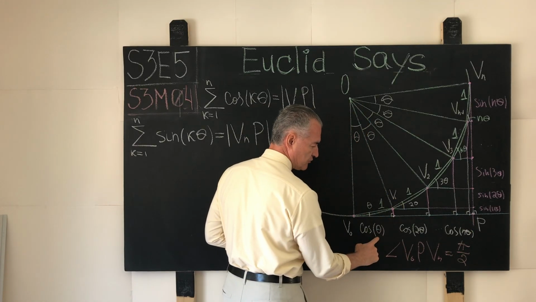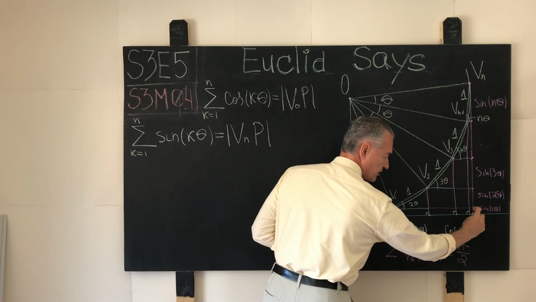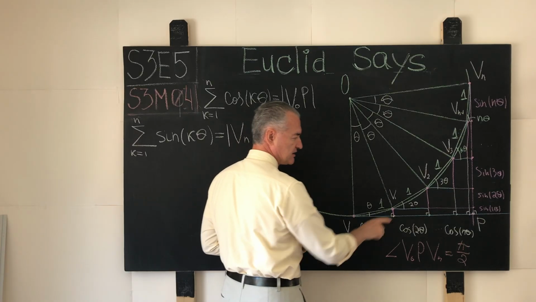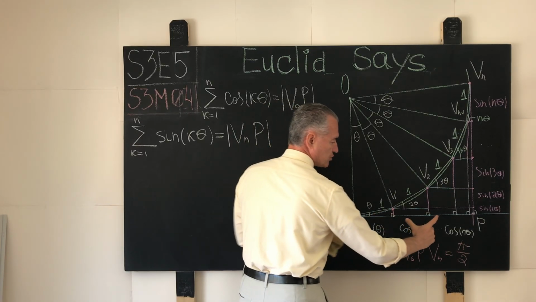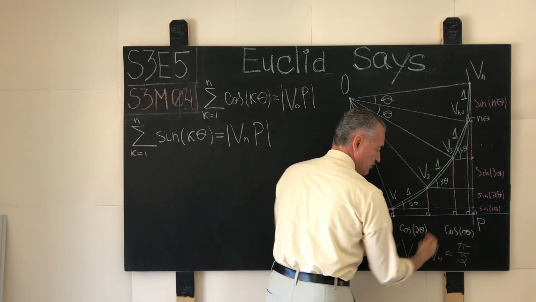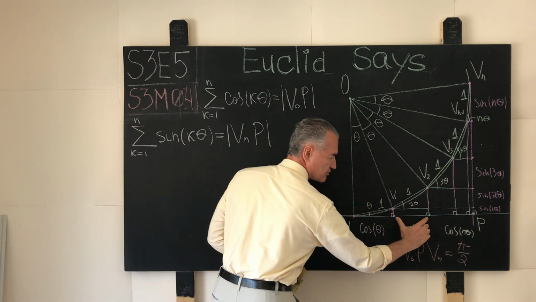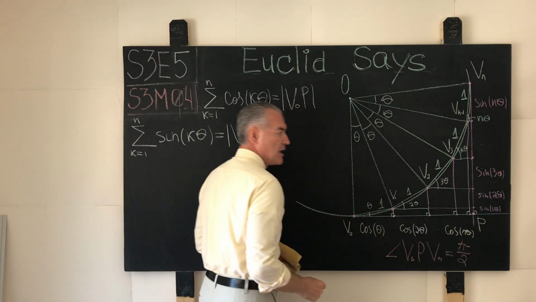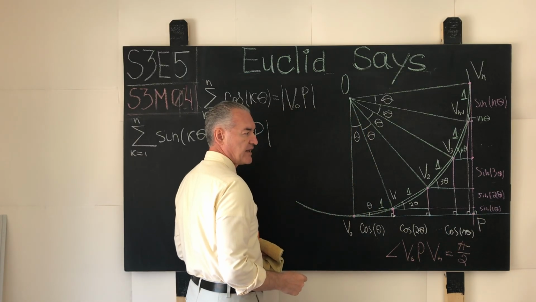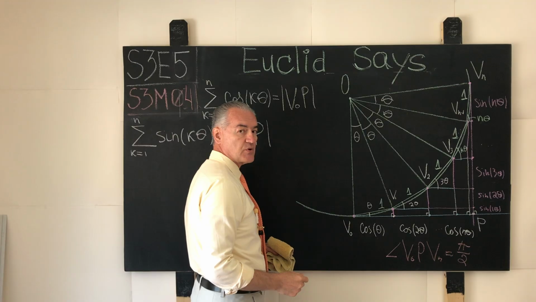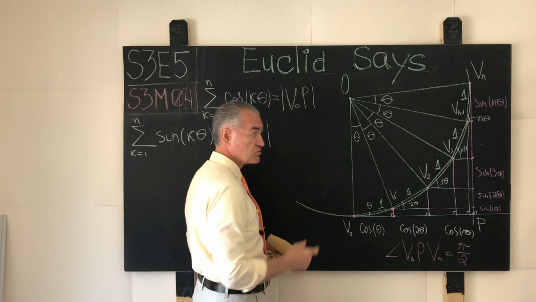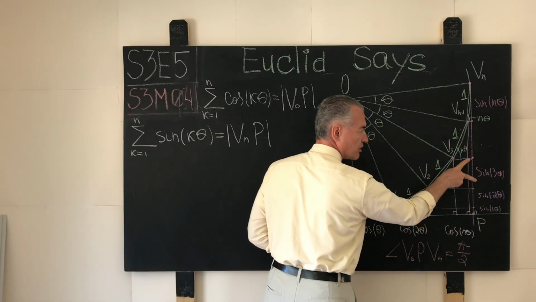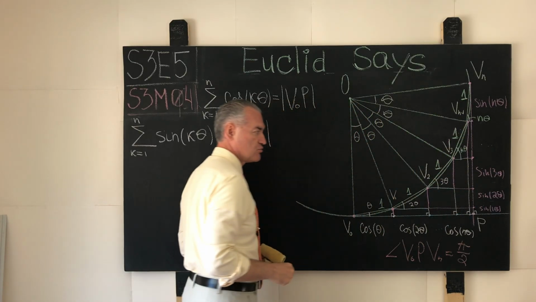Large cosine of smaller angle, small sine of smaller angle. But as the angles grow, our cosines shrink, and that is represented geometrically. The length of the corresponding line segments gets smaller, smaller, and smaller. But the length of the line segments, each of which represents the trigonometric function of sine, they get progressively larger. Look at this. This one, this one, this one, this one, and the larger one.